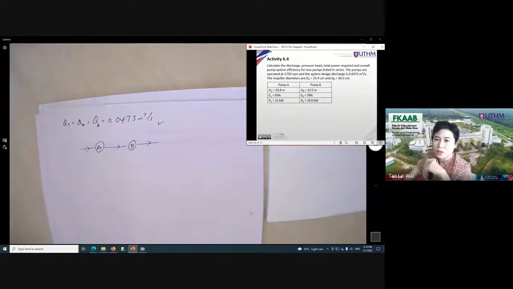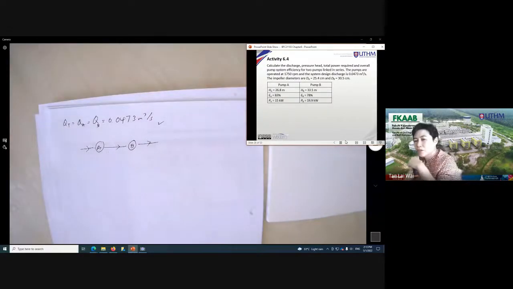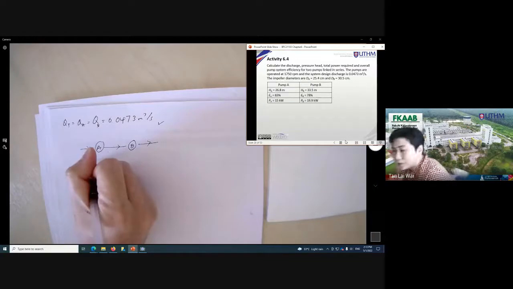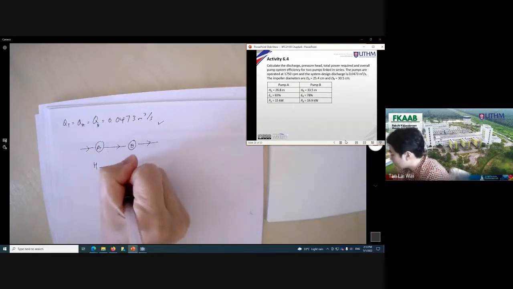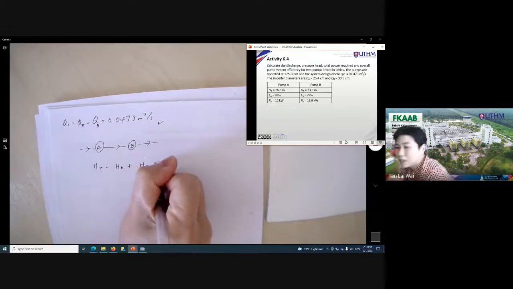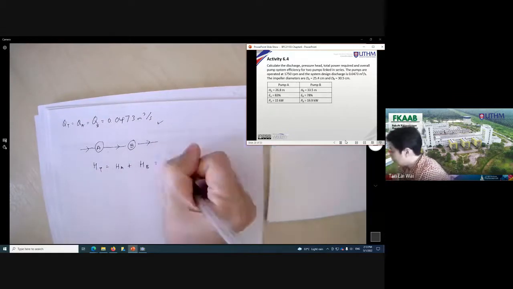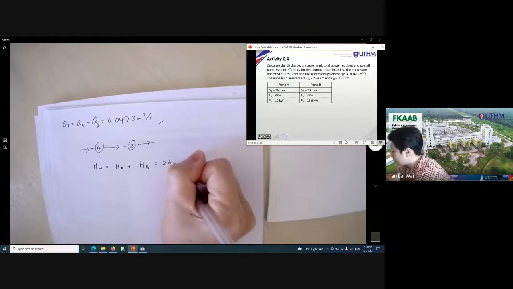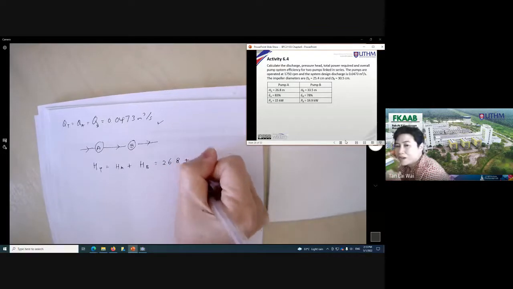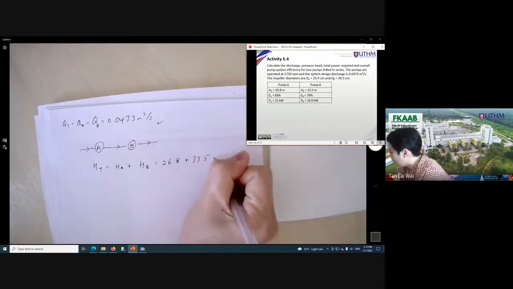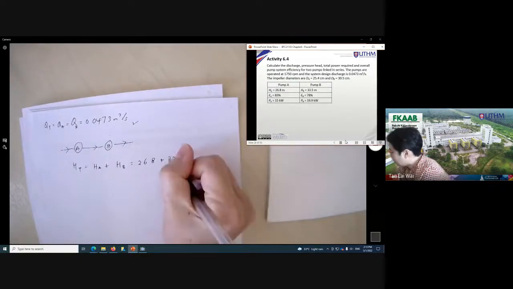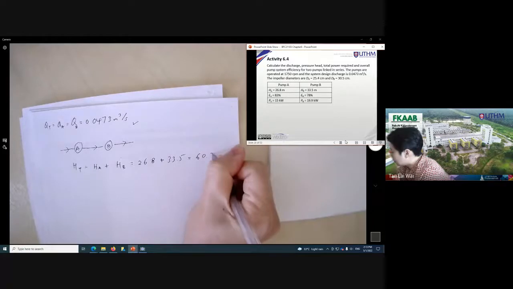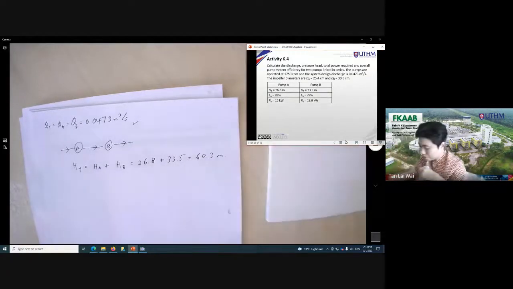Then what else? You need to find the pressure head. The pressure head would be H total equals HA plus HB. If you look at the table, it's given as 26.88 plus 33.5. That would be 60.3 meter.